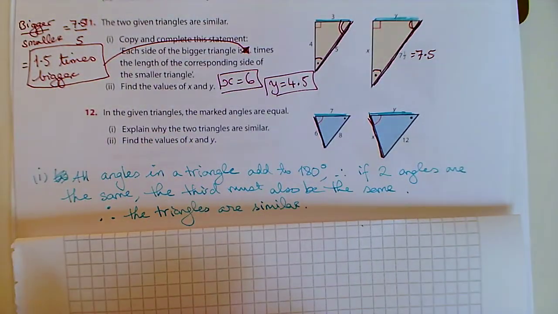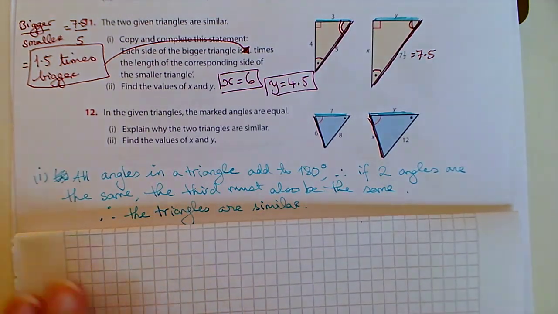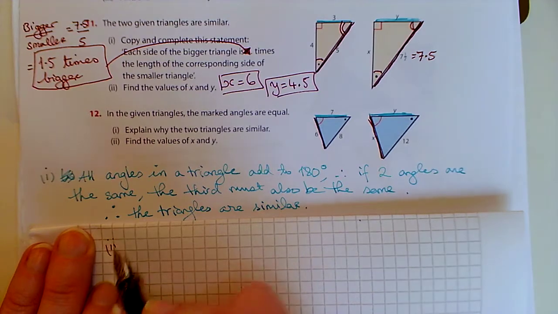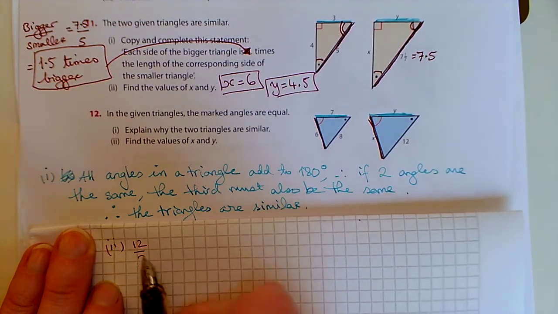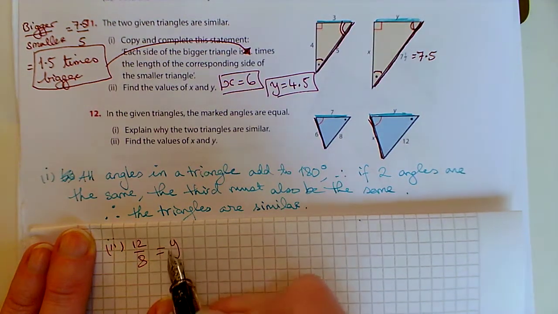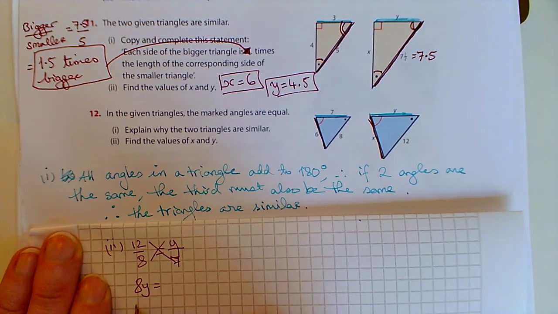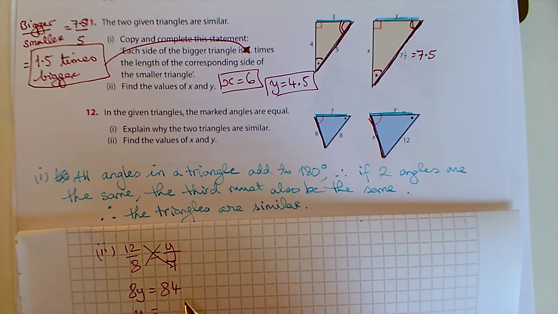So we'll use two sides that we know, and we're going to use the 12 and the 8 because we know the values of that. So for part 2, we start by saying that 12 over 8 is equal to y over 7. Maybe I should have done x first. Anyway, y over 7. So 8y is equal to 7 by 12, 70 plus 14, 84. So y is equal to 84 divided by 8. I'm bad at my 12 times table, so I'm actually just checking that. Divided by 8, which is 10.5, I think.